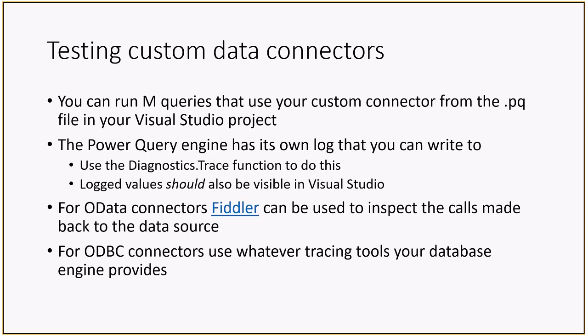But in some cases, it's really handy to know and have some diagnostic information from inside your custom connector. So there are some special M functions that are intended for use inside custom connectors. For example, the Diagnostics.Trace function that will allow you to log to the Power Query engine's own log files to be able to find out what's going on.